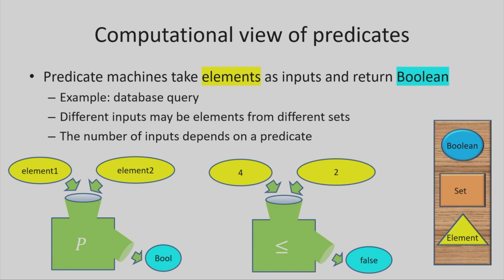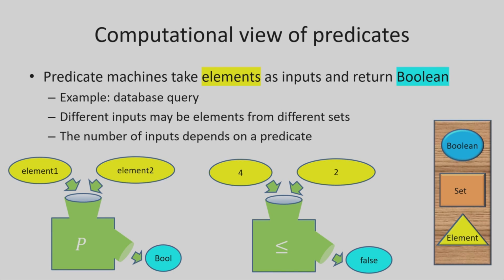So what is a predicate? We talked about it a lot, but let's look at it again computationally. And here it might be useful to think about a predicate as a database query, because a query is kind of like you give some inputs to a machine, a query, and it gives you an answer. And it makes perfect sense to talk about what inputs you give it and what answer it gives. So a predicate takes several elements.